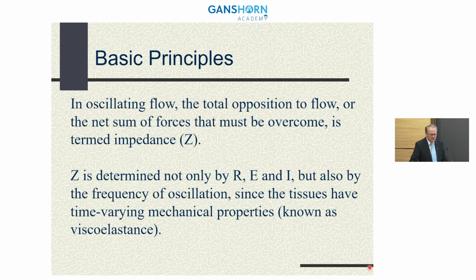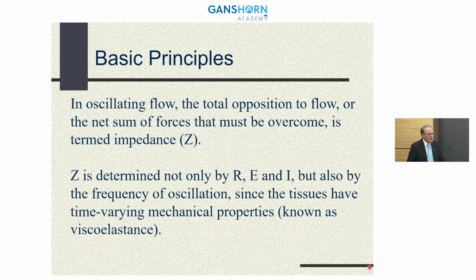If we oscillate flow, the total opposition to flow, or the net sum of forces that must be overcome, is termed the impedance. And once again, the impedance is determined by not only resistance, elastance, and inertia, but also the frequency of the oscillation.